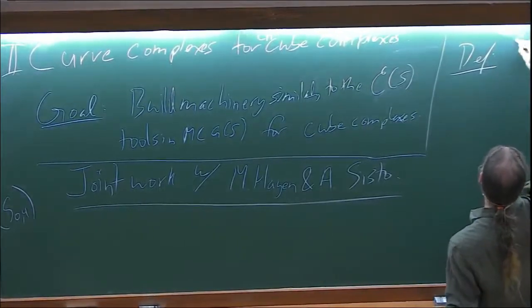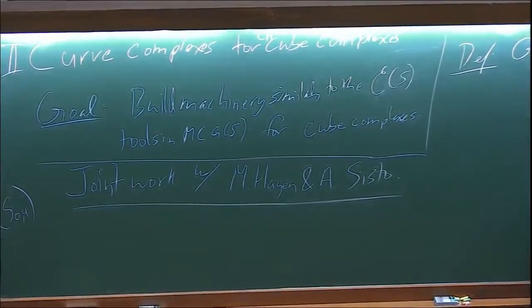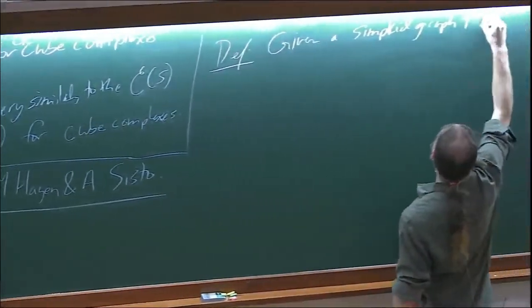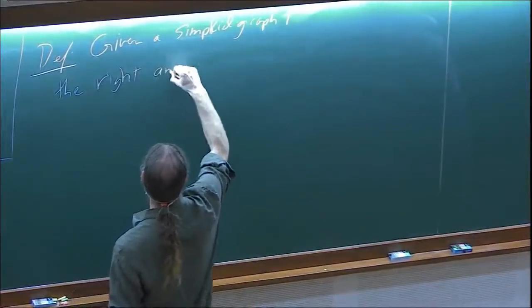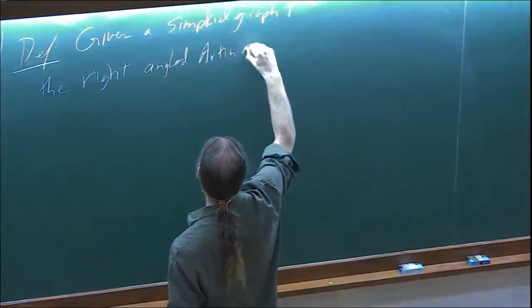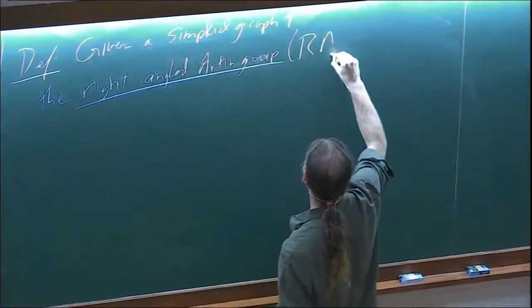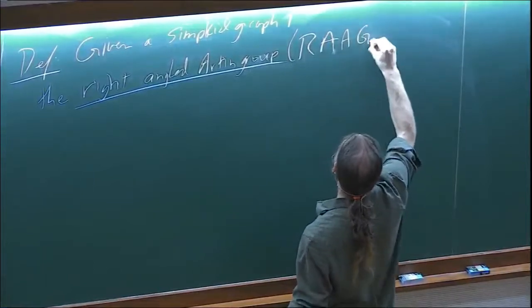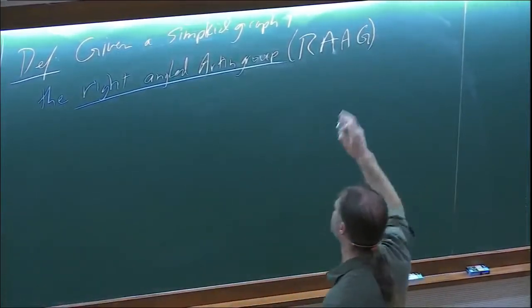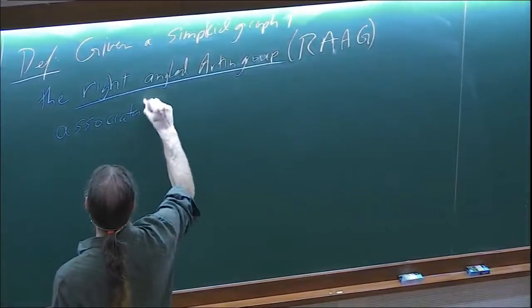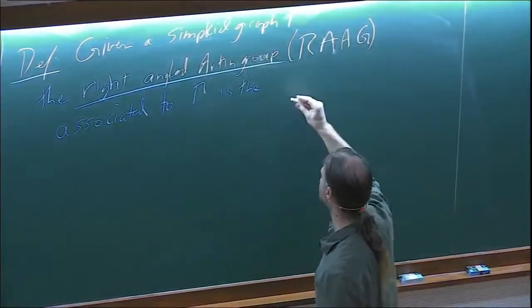So what I want to talk about is right-angled Artin groups. Given a simplicial graph gamma, the right-angled Artin group, abbreviated by RAG, associated to gamma is the group with the following presentation.